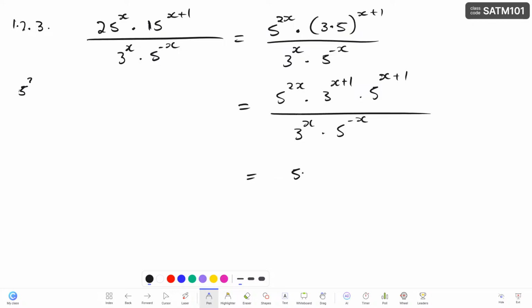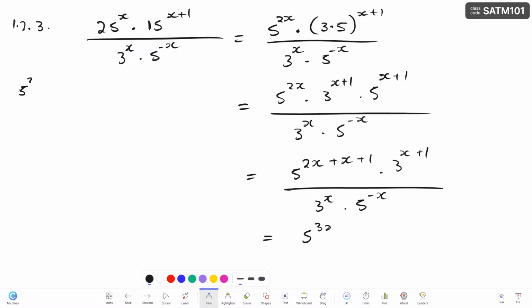So here we're going to say 5 to the power 2x plus x plus 1 times 3 to the power x plus 1, all over 3 to the power x times 5 to the power negative x. This is going to give us 5 to the power 3x plus 1 times 3 to the power x plus 1, divided by 3 to the power x times 5 to the power negative x.